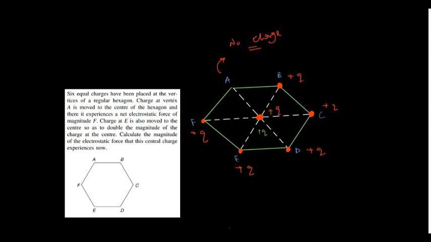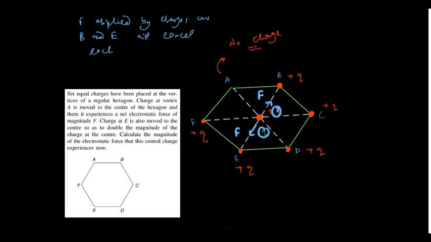So you see that the charge at the center is plus q, right? What is the force acting on it? The force applied by E on this plus q charge is outward in this direction, that is F. The force applied by B on this charge is outward, that is F. So these two forces cancel each other. I will write here that the force F applied by charges at B and E will cancel each other.